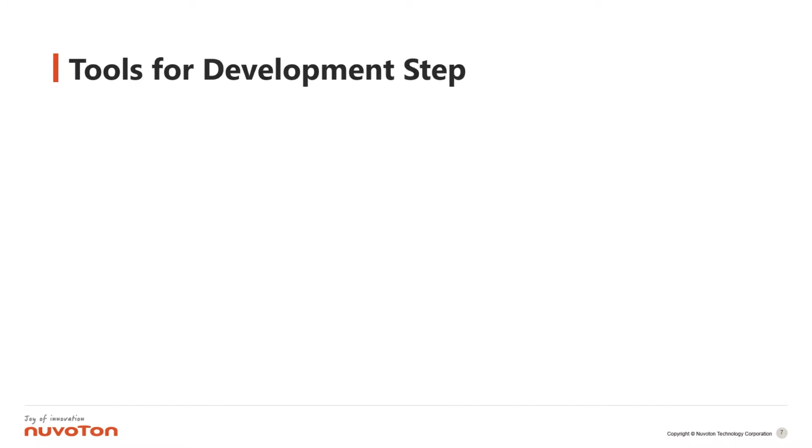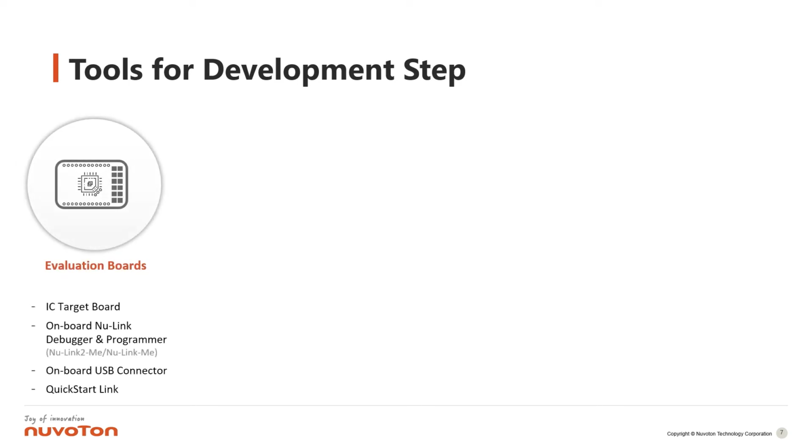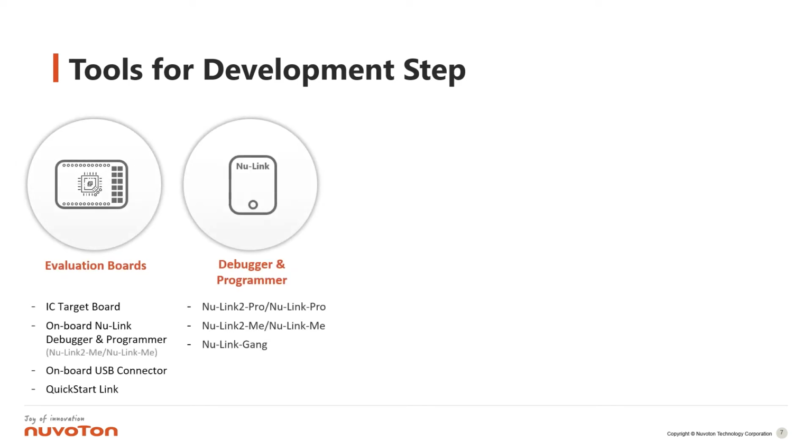According to the process of development, there are 5 main tools in this stage. The first 2 tools are the evaluation board and the debugger and programmer. Our NuMicro board is equipped with the NuLink series debugger and programmer, the USB connector, and the Quickstart link.